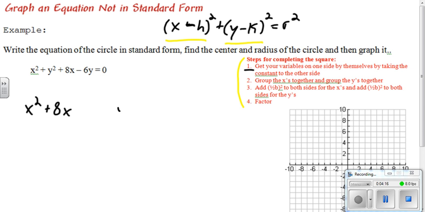Over here we have y squared minus 6y is one piece, and it all equals 0 still, or equals our constant values. Now remember, when completing the square, we need to be looking for those square values. So let's put parentheses around this, put our plus sign in between, and parentheses around our y values.